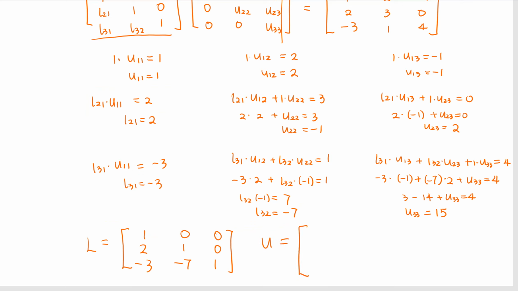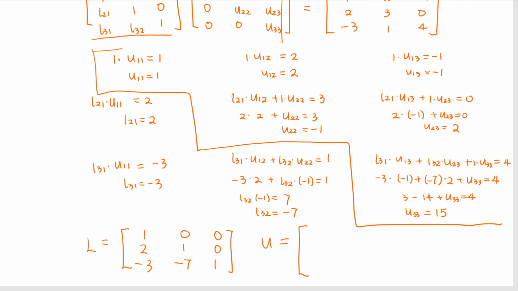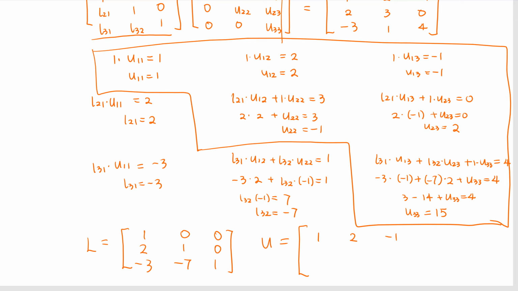U is, you look at this. This is our U. U11 is 1, U12 is 2, and then minus 1, and then these guys are zeros. This is minus 1, this is 2, this is 15. See, it's very easy to find the numbers.